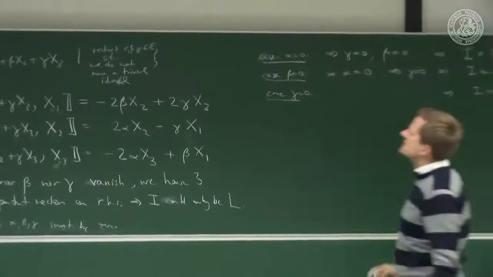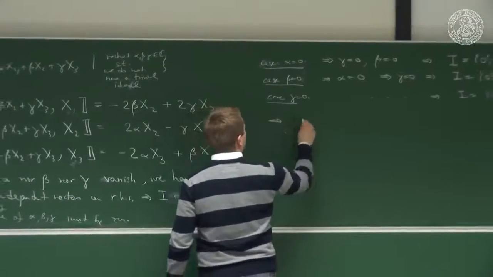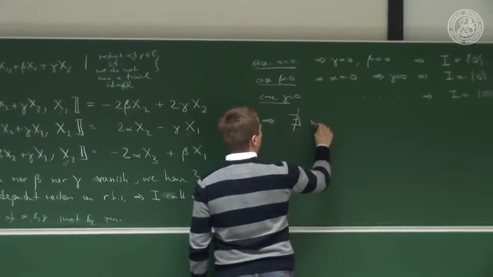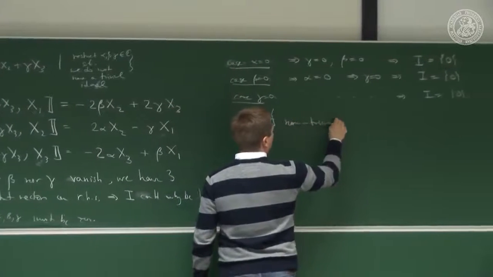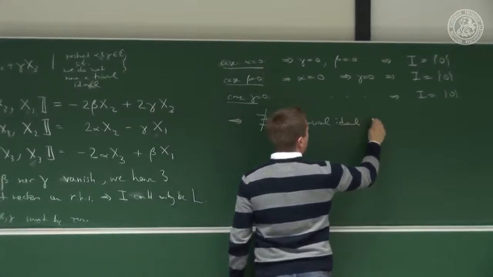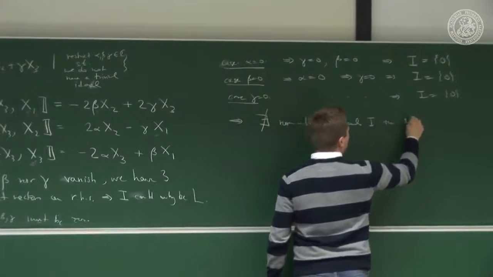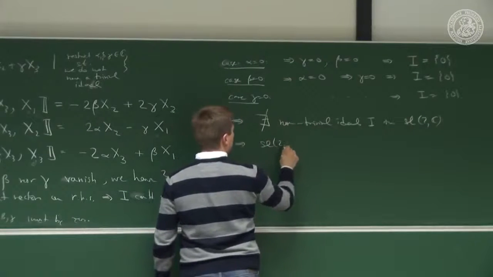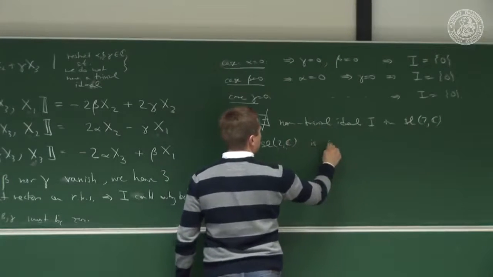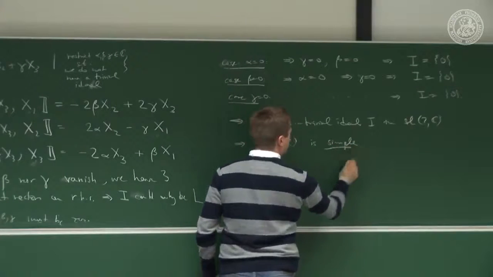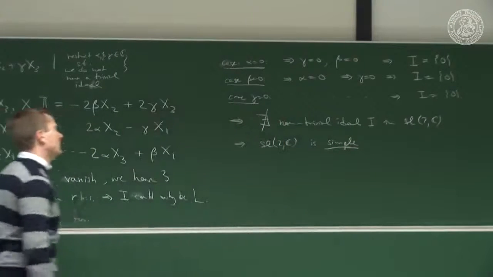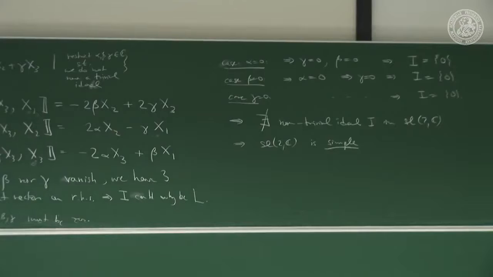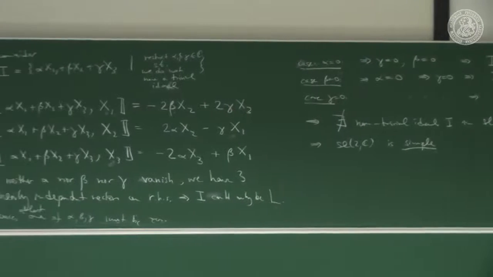That means there exists no non-trivial ideal I in SL2C, and that just means SL2C by definition is already simple. So it's not only semi-simple, it is simple. Okay, so that we just did for completeness.